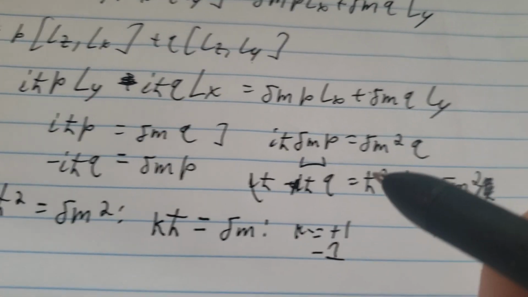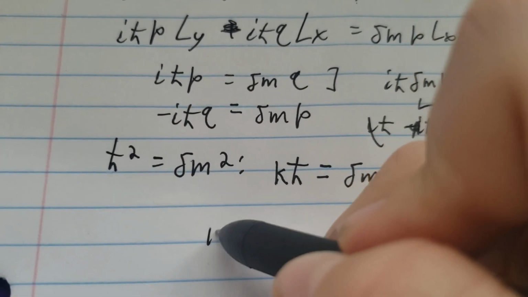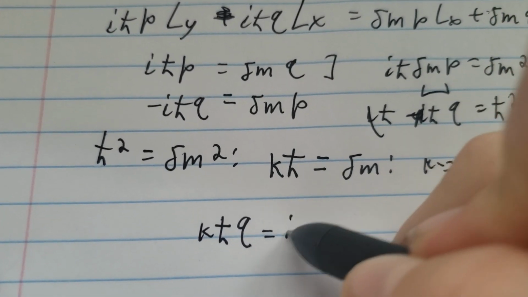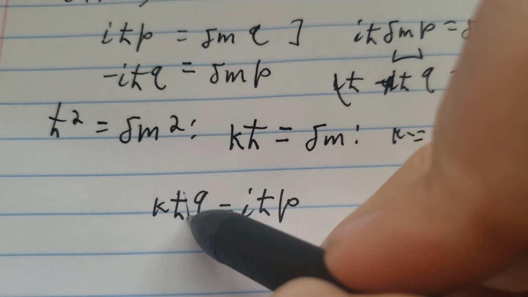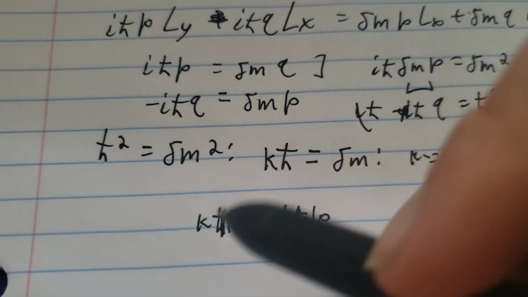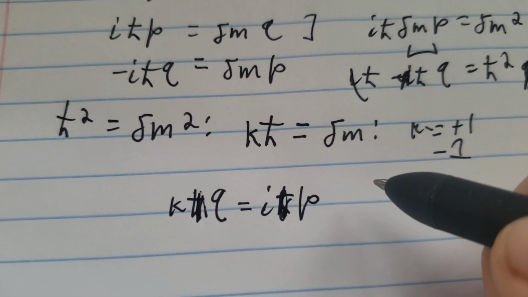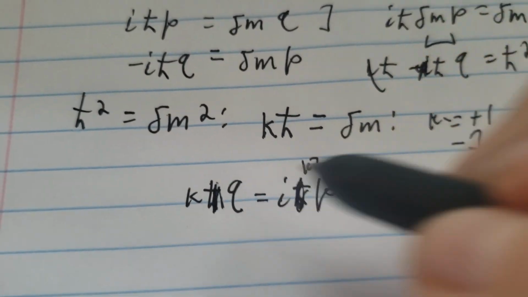So k h bar q, delta m times q, is equal to i h bar times p. And cancel out h bar. And k squared is just equal to 1, so we can do k squared and then divide it up by k.